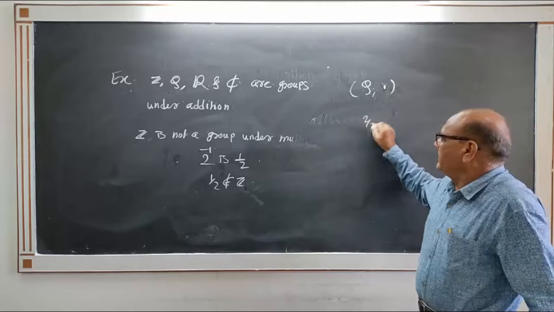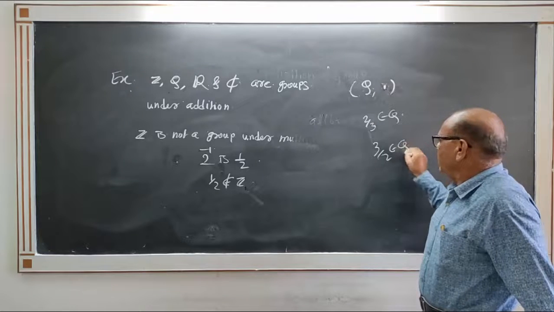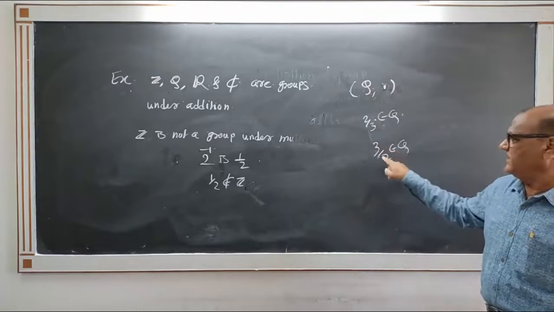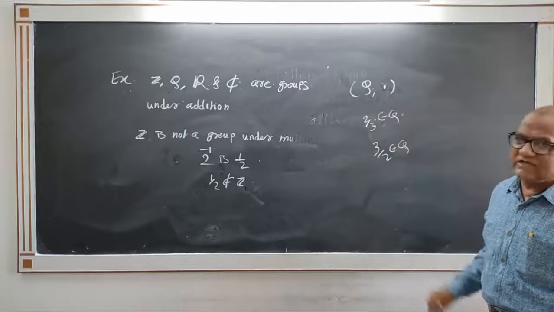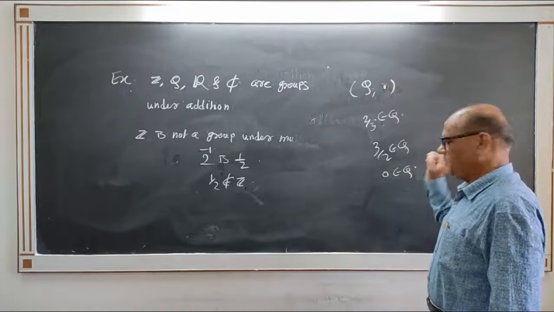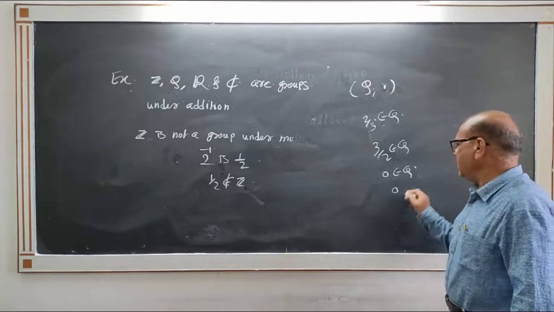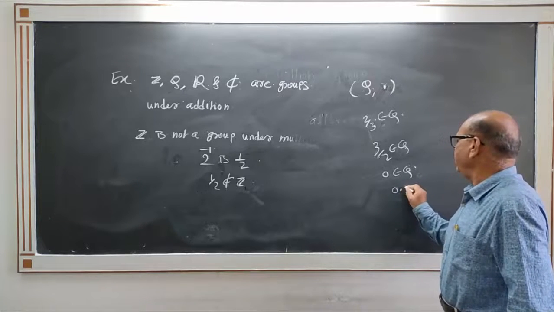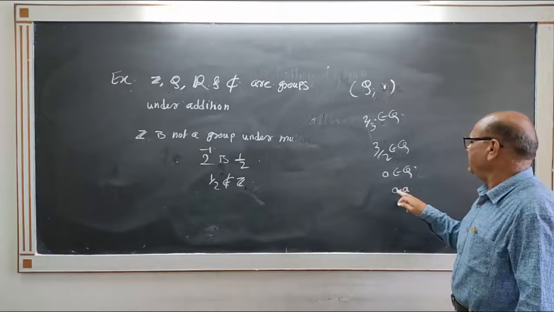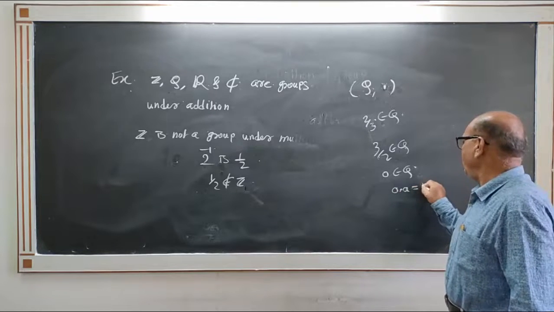If we take 2 by 3 belongs to Q, then 3 by 2 also belongs to Q and it is inverse. Inverse of 2 by 3 is 3 by 2. So inverse also exists, but here 0 belongs to Q. There does not exist an element A such that 0 into A is equal to 1.